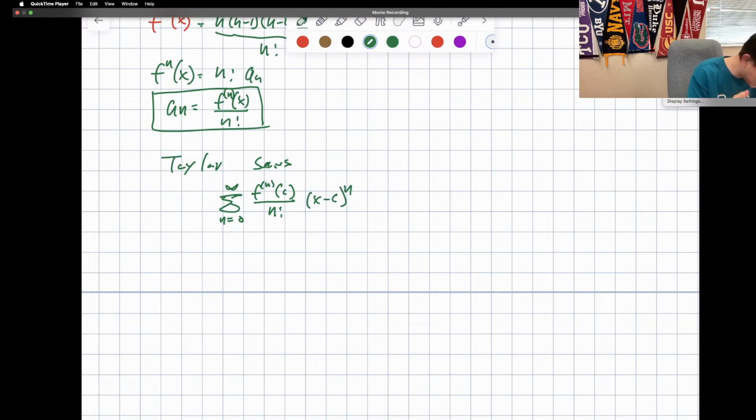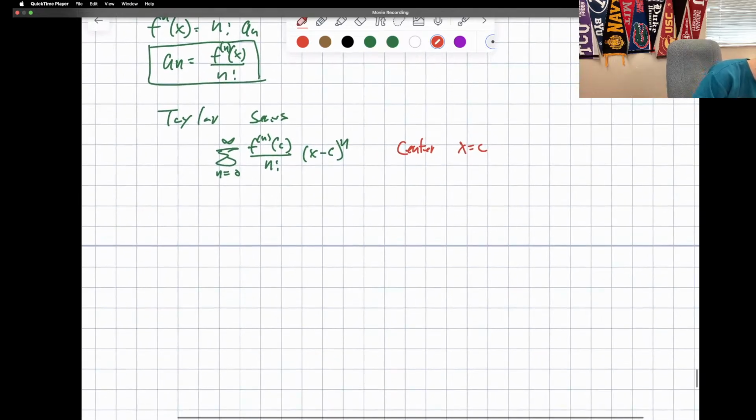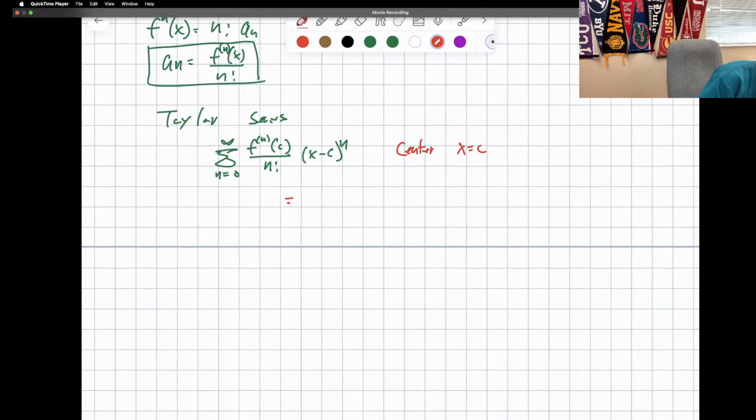So this is the Taylor series. It is centered at x equal to c. That's the Taylor series.